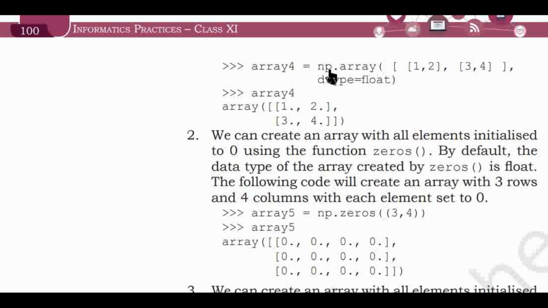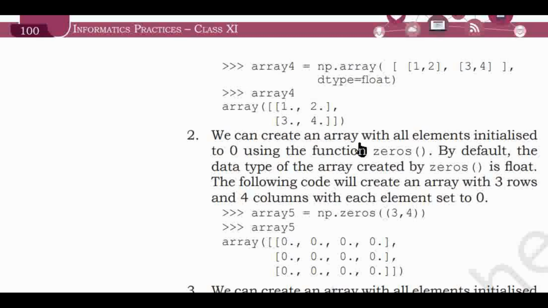Array 4 equals np.array 1 2 3 4, dtype equal to float. Array 4, array 1.0 2.0 3.0 4.0.